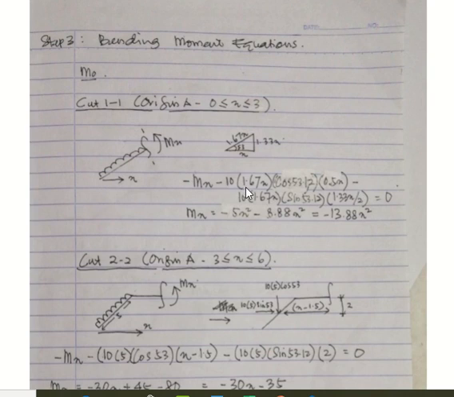10 multiplied by 1.67x means the intensity of this UDL, 10, multiplied with the length, 1.67x. After 10 multiplied by 1.67x, it looks like you have one imaginary line point load here. To resolve in vertical direction, you multiply by cos 53.13, so you have a vertical component.